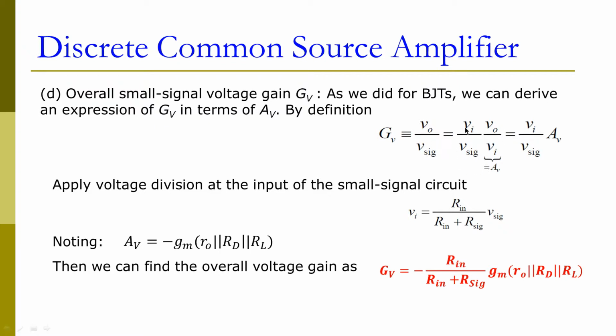If we rewrite it, we get Gv equals vi divided by vsig times Av. And vi divided by vsig comes from the voltage divider equation. We can write down this equation by plugging this in, and also plugging in Av. Eventually we get our overall small signal voltage gain from this formula here in red.